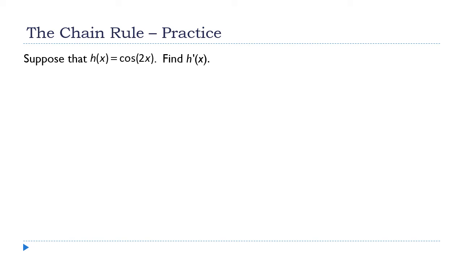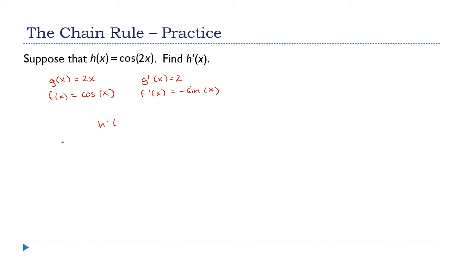Okay, so let me give you one. Try this out. Obviously, if you do a sine, we want to see if we can do a cosine. See what you come up with. I'm going to use the same split. I'm going to let g of x equal 2x and f of x equal cosine of x. So g prime is 2 and f prime is minus sine.